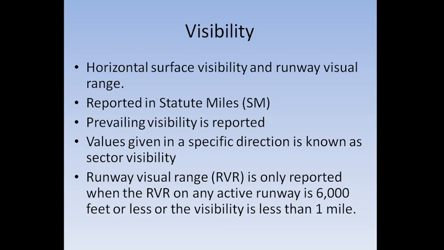That would be put in remarks, sector visibility southeast, like 3 miles or 2 miles, whatever that sector visibility may be. Runway visual range, we don't really have to worry about that. That's for aviation. If the runway has fog on the runway, then the active runway is 6,000 feet or less, where the visibility is less than 1 mile.